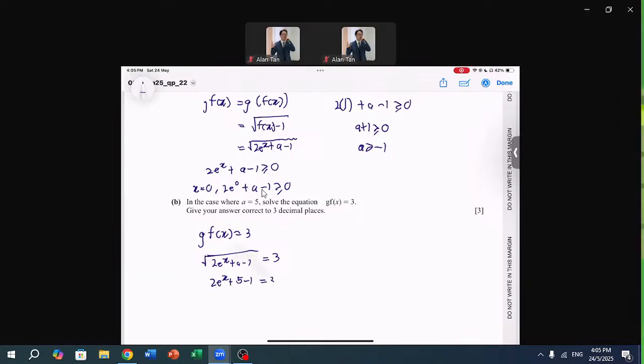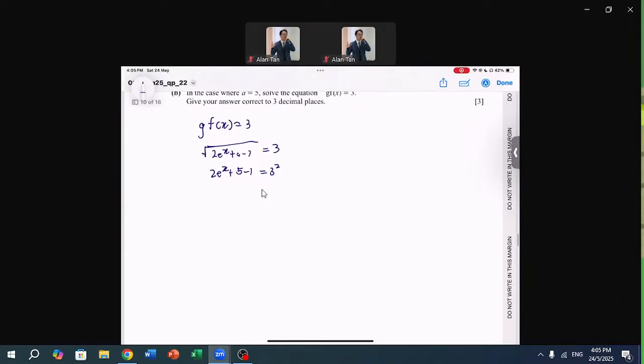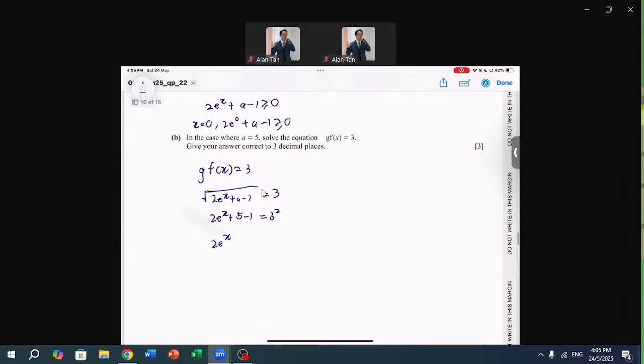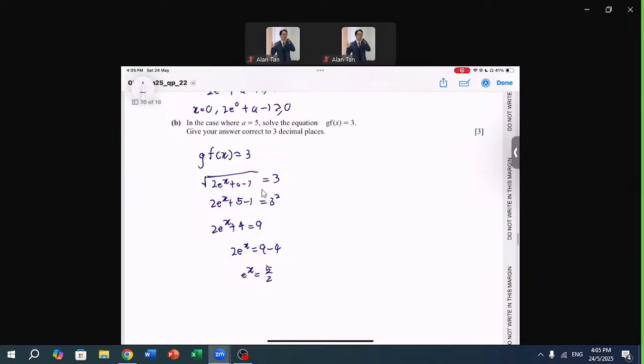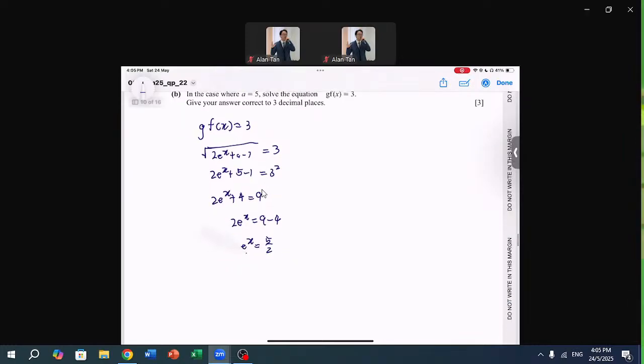I'm going to square it first. So 2e^x plus 4 equals 9. 2e^x equals 9 minus 4. e^x equals 5 divided by 2. e brought over becomes ln, so x equals ln 5 over 2.